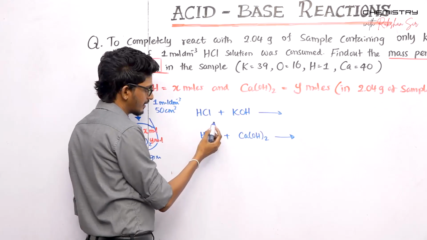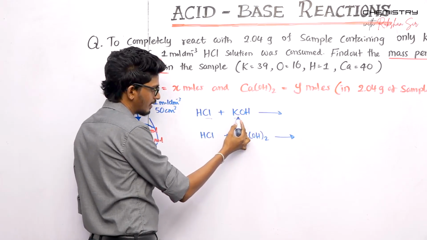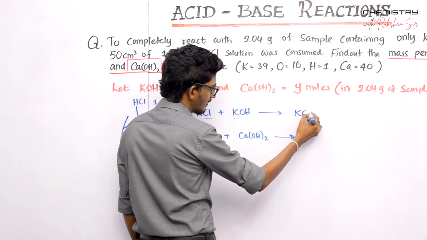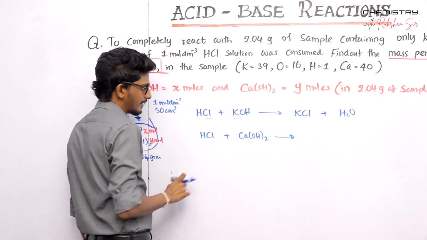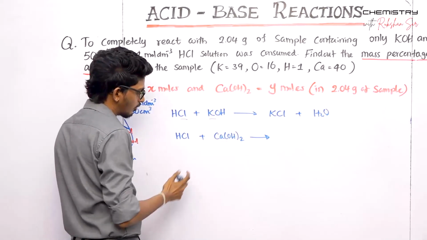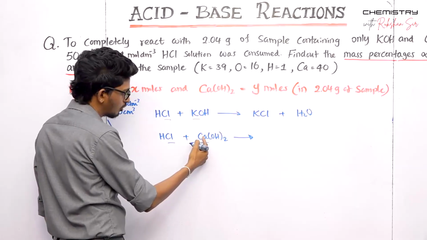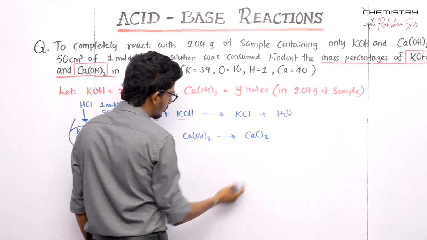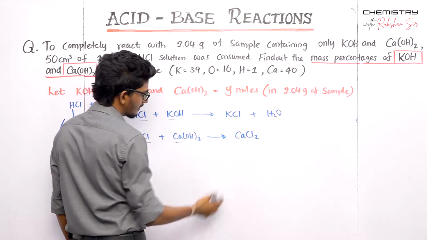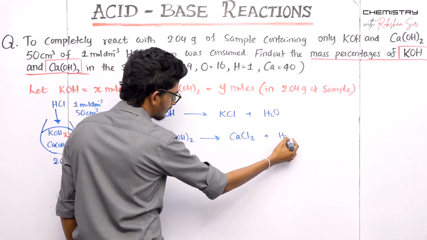The salt here is KCl, since Cl minus and K plus are there, plus H2O. Here it is balanced. And for the second, Cl minus and Ca2 plus, so the salt is CaCl2, plus H2O.